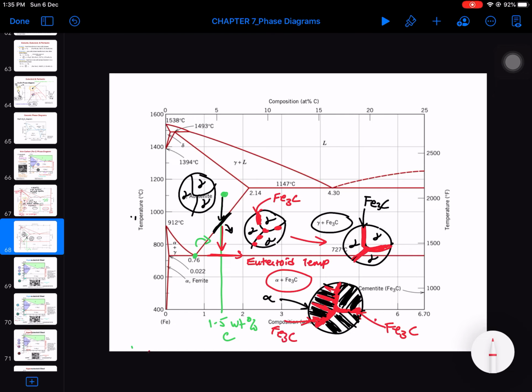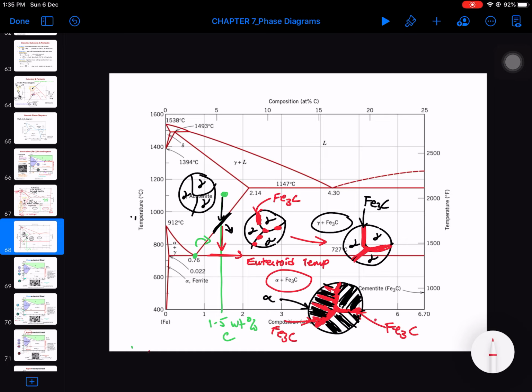So in this case, for a hypereutectoid alloy, we have two cementites. One occurs on the grain boundaries of austenite before you reach the eutectoid temperature, and the other is the cementite which exists as a lamella structure, or alternating layers, between alpha ferrite and cementite.